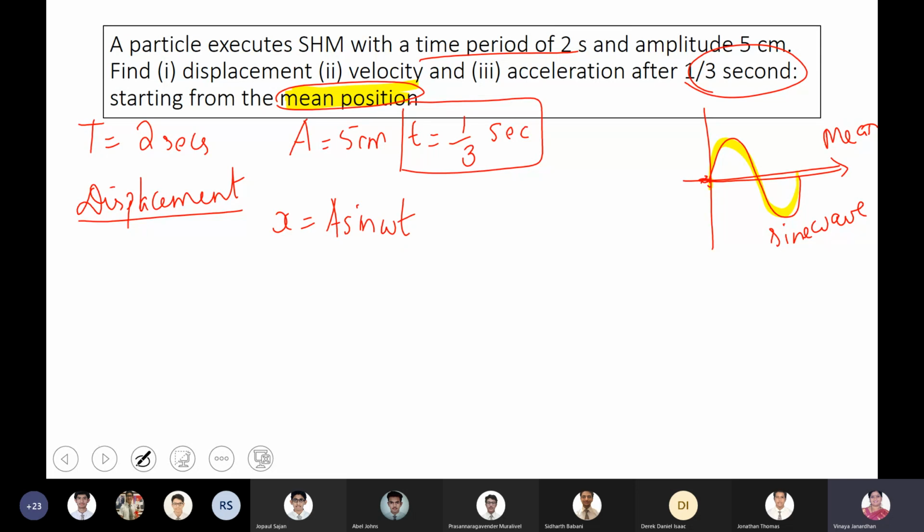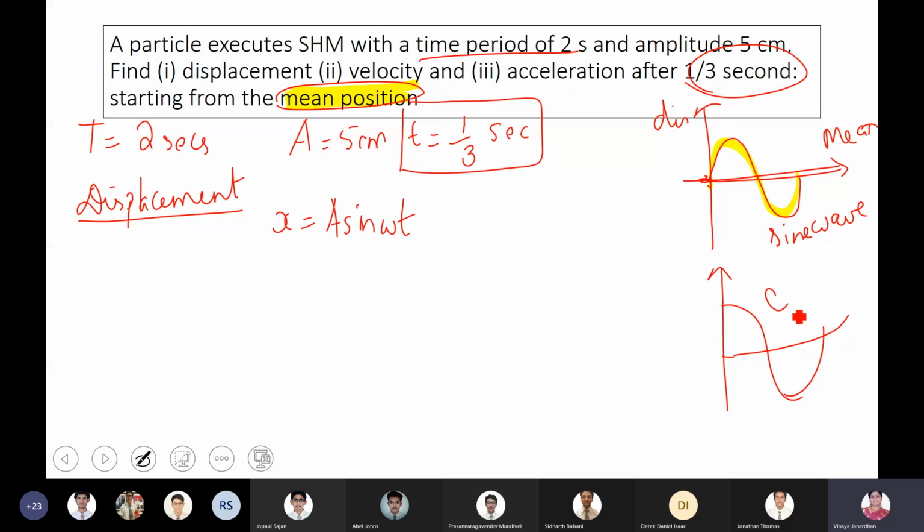Suppose the motion starts from extreme position. This is the displacement versus time graph, right? If the motion takes place from extreme position, at extreme position displacement is maximum. Yes or no?